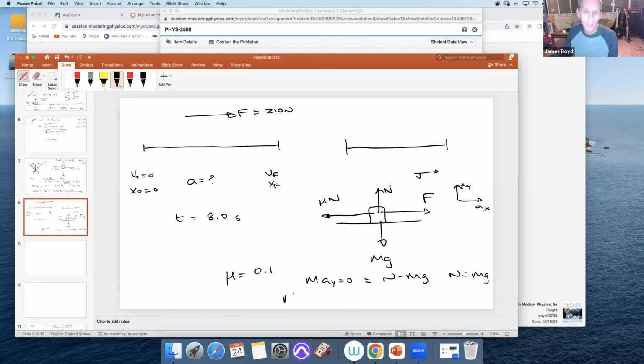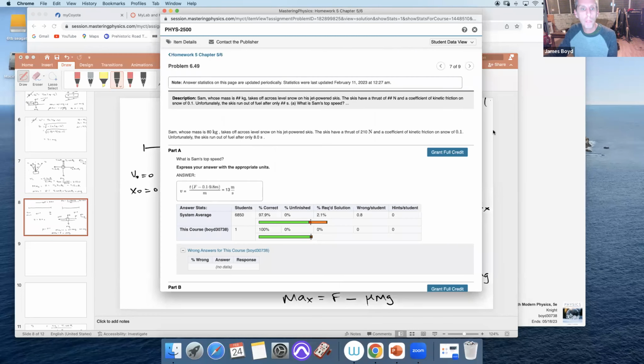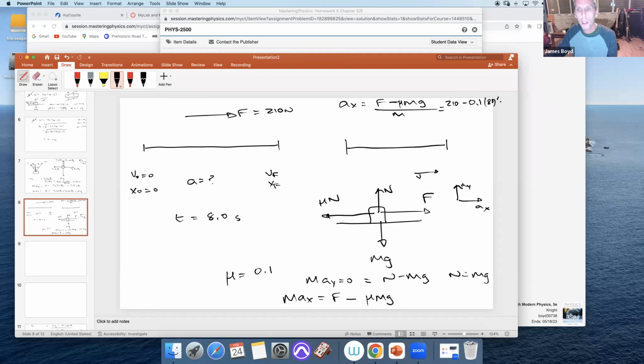N minus mg, so n is mg. And then in the x, it's the force minus the force of friction, which is mu n, but n is mg. So to find her acceleration, a in the x is f minus mu mg, all divided by m. Don't cancel anything, just leave it. That is 210 minus 0.1 times 80 kilograms times 9.8, over 80.